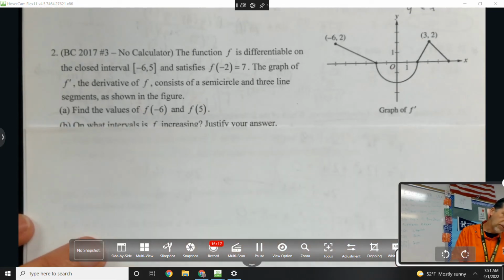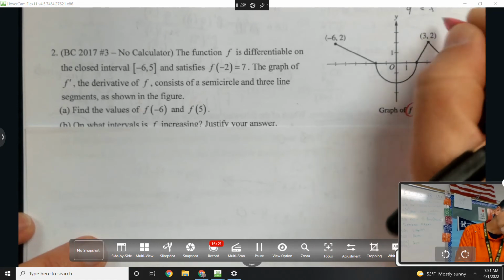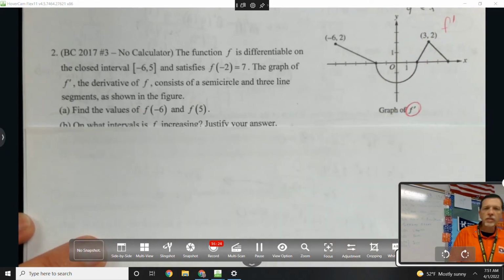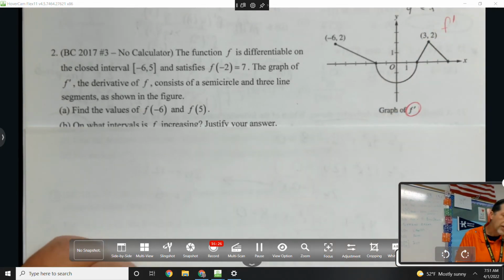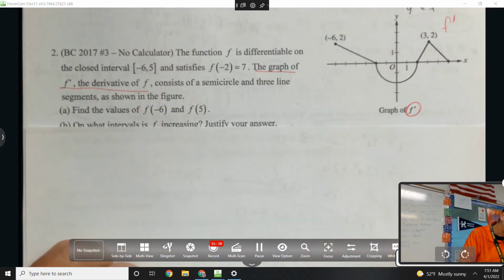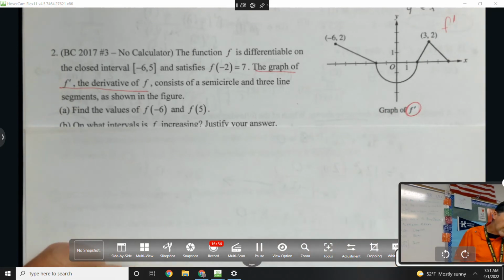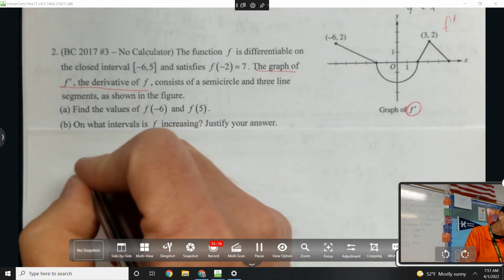This is the graph of f prime. Again, always be careful about what you're looking at. That's the derivative of f right there, and they're not trying to hide that from you. The graph of f prime, the derivative of f, consists of a semicircle and line segments. Find the value of f of negative 6.